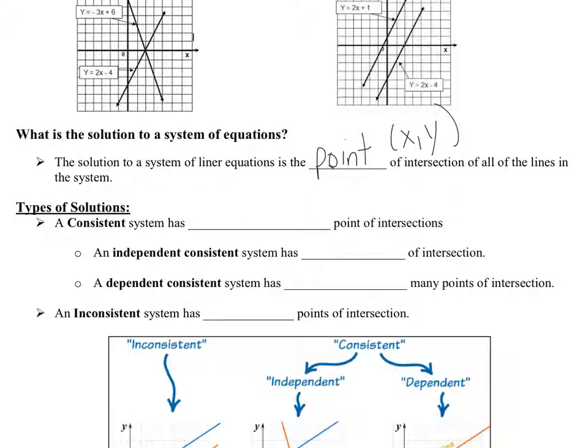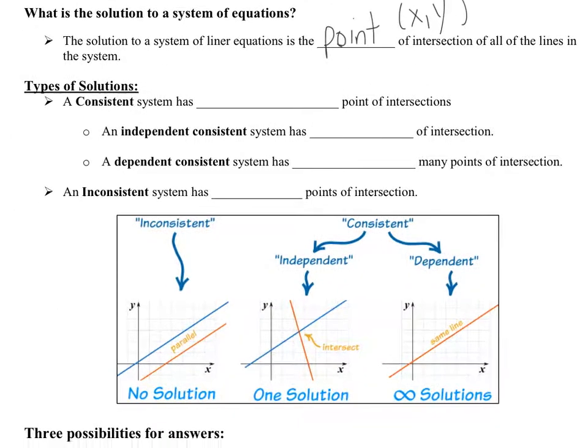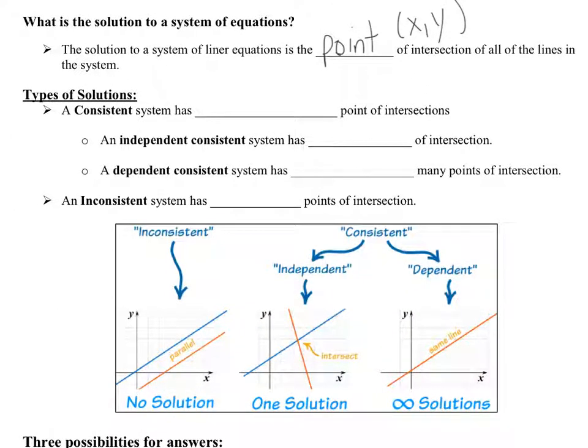A consistent system of equations has points of intersection. So if you look down here, they either have one solution or they have an infinite number of solutions.